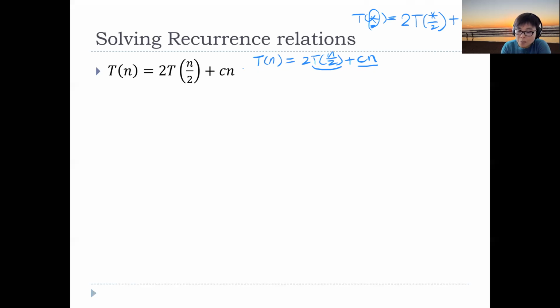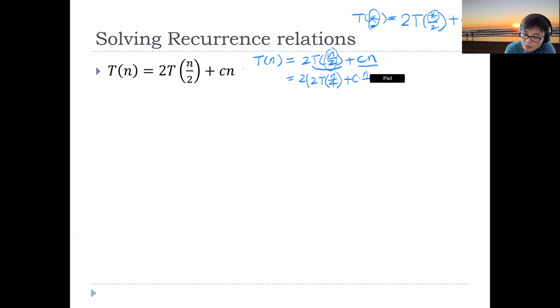But I know I can apply the same formula to T of n over 2. T of n over 2 should be equal to 2 times T of, inside, the size divided by half again. My size right now is n over 2, so divided by another half it is n over 4, plus C times the current size, which is n over 2.